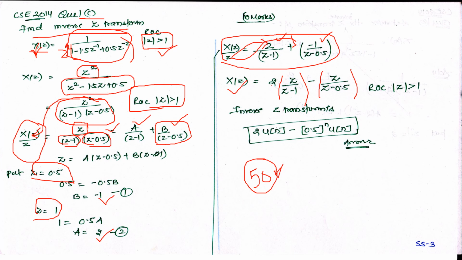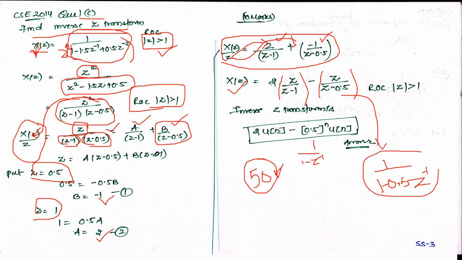Now take this z common from numerator and denominator, and you will find this will look like 1 upon 1 minus z inverse, and this term will look like 1 upon 1 minus 0.5 z inverse. So this is the standard formula in the Z transform.